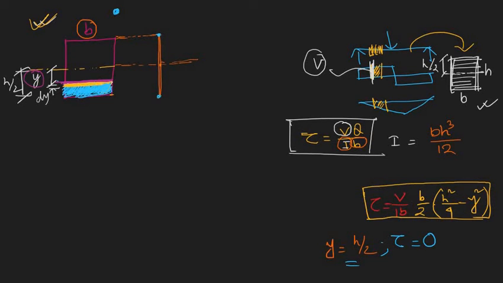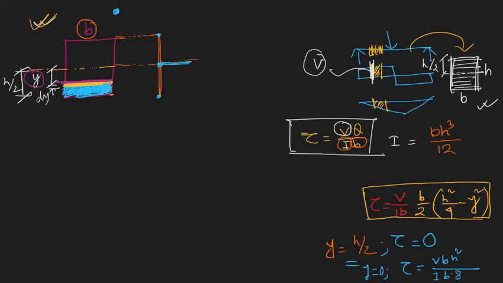Similarly here it is 0 from symmetry, and at the center or neutral axis, y is 0, so tau is coming as V b h square divided by I times b times 8. So here the value is positive.